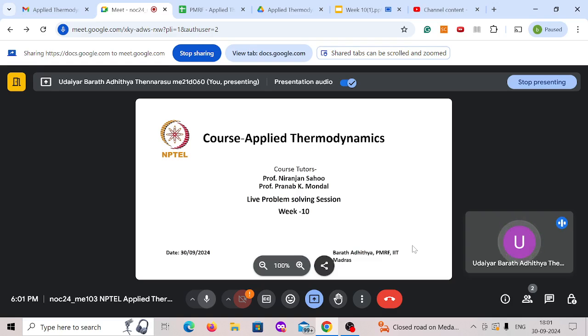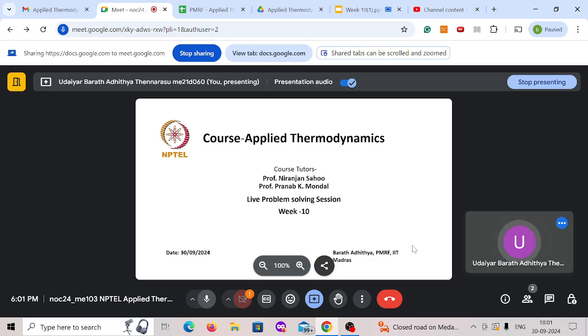In case of a refrigeration cycle, it's the other way around. It's a reverse Carnot cycle. So that is our reference here, and we'll see how the vapor compression refrigeration system works, VCRS in short, and also the vapor absorption refrigeration system, VARS.